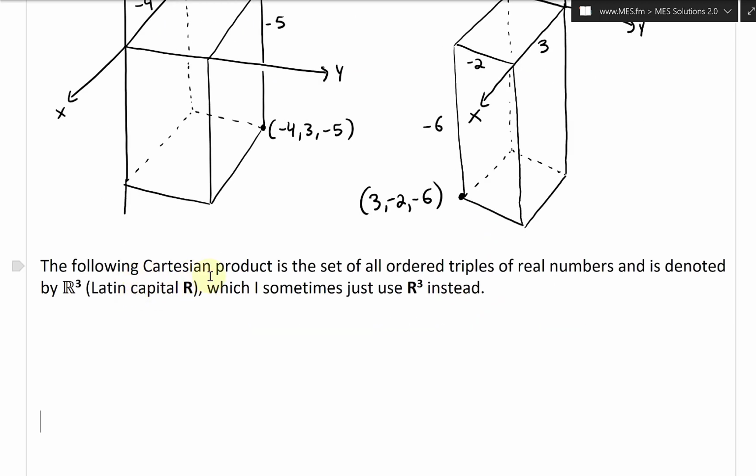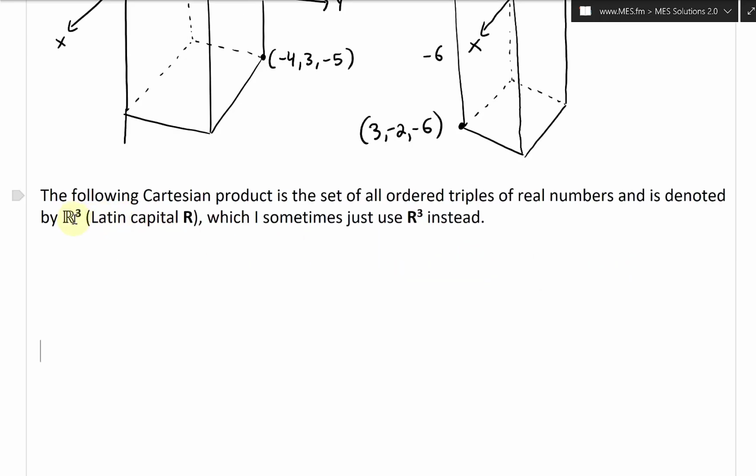So the following Cartesian product is the set of all ordered triples of real numbers and is denoted by R to the power of 3, and this is the Latin capital R, usually written like that, which I sometimes just use R cubed for.